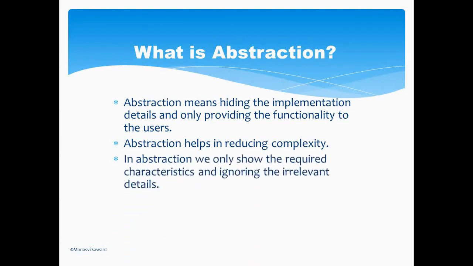Next point, in abstraction, we only show the required characteristics and ignore the irrelevant details. For example, if a person is using the Google search engine to search something, he knows how to search on Google, but he doesn't know how Google is searching for him.